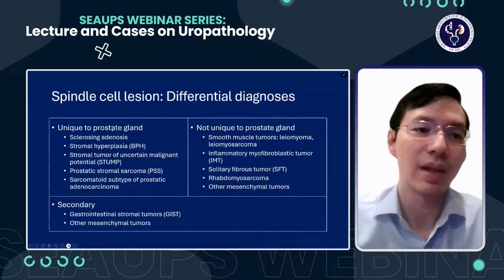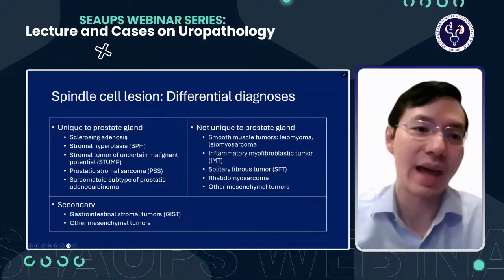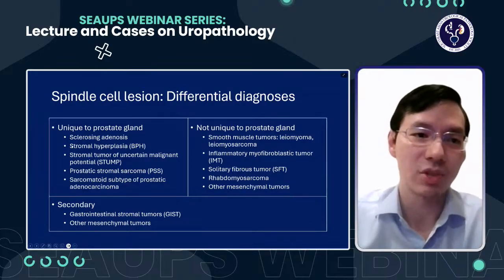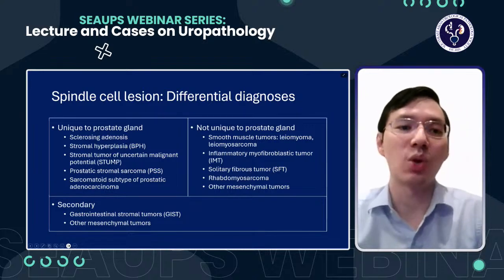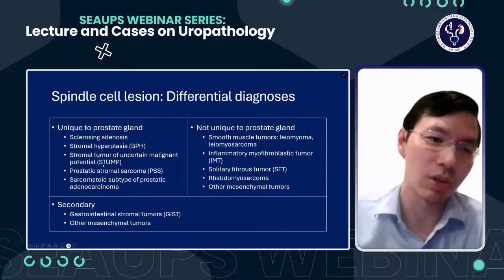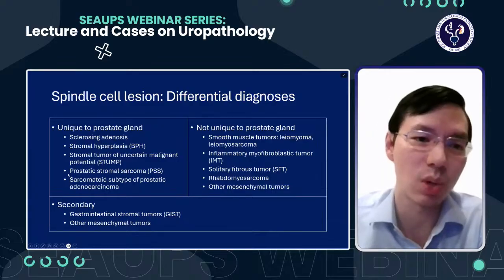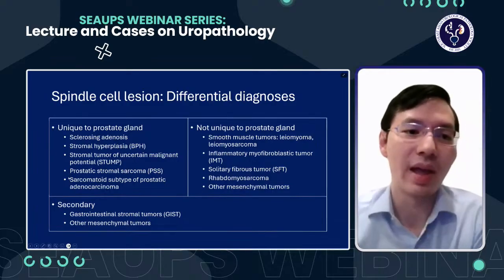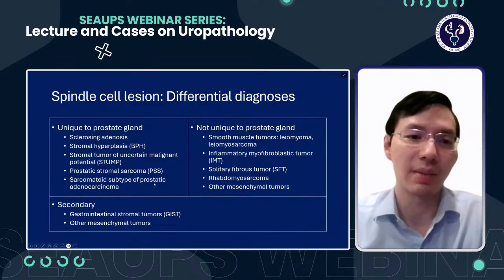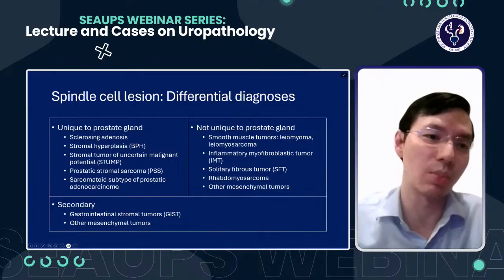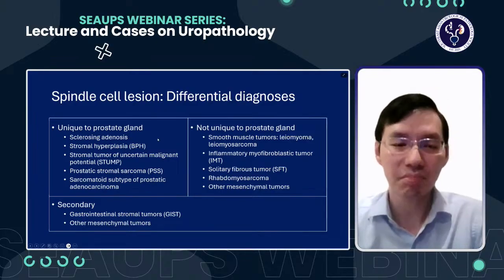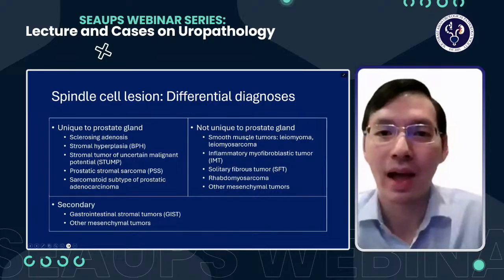So the first group includes sclerosing adenosis, stromal hyperplasia, stromal tumor of uncertain malignant potential, or STUMP, prostatic stromal sarcoma, PSS, and the sarcomatoid subtype of prostatic adenocarcinoma. All these can have spindle cells.